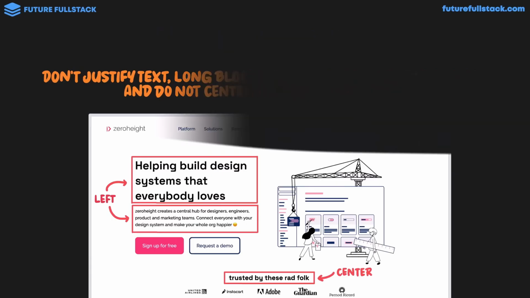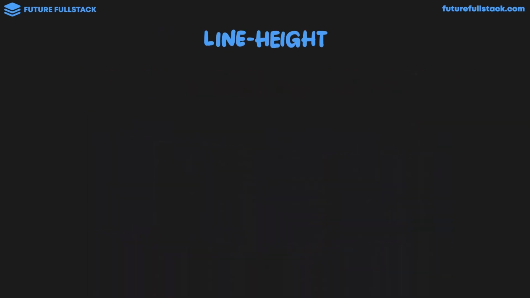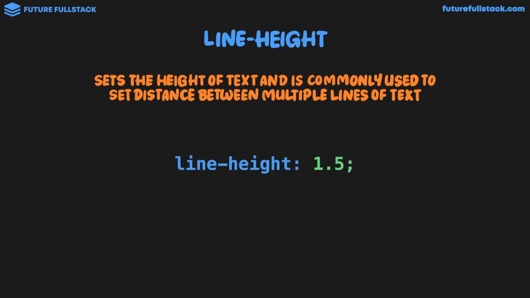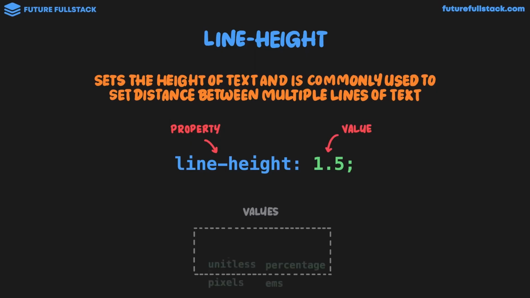The next property we're going to look at is line height. Line height sets the height of text and is commonly used to set the distance between multiple lines of text. Here we can see line-height, which is the property. And in this example, it's set to 1.5, which is the value. We can use several types of values for the line height property, such as a unitless value, pixels, percentages, and ems.